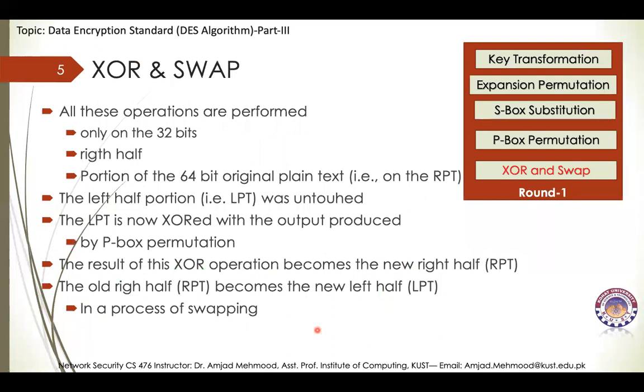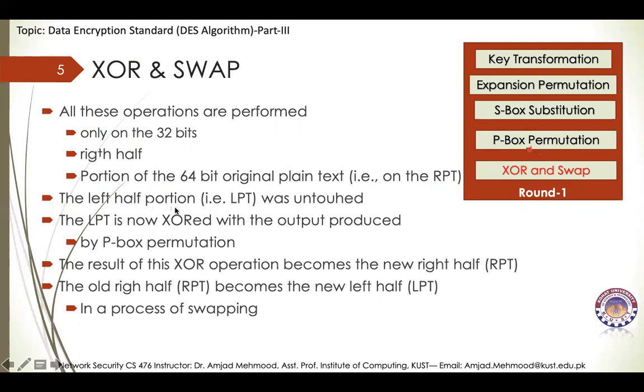All those operations are performed only on 32 bits. As you know that 32 bits are received here, since 32 bits are passed to the XOR and swap operation, only the 32 bits of the right side portion of the 64-bit original plain text are affected.